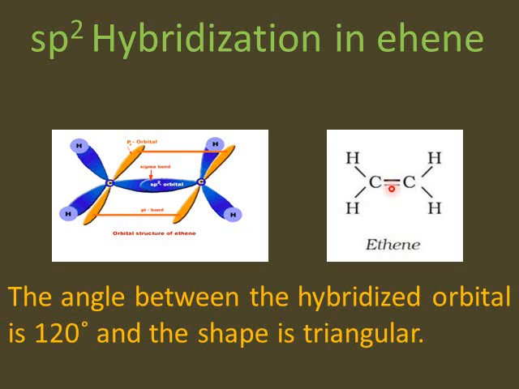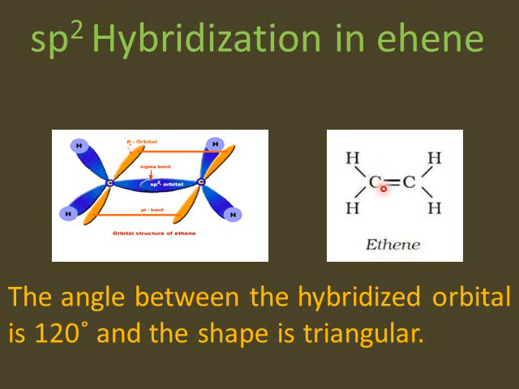Now in this double bond, this carbon is forming sp2 hybridization. It forms 3 bonds by sp2 hybridization, and 1 bond of carbon is formed by pz orbitals. So it will form 3 sigma bonds and 1 pi bond.